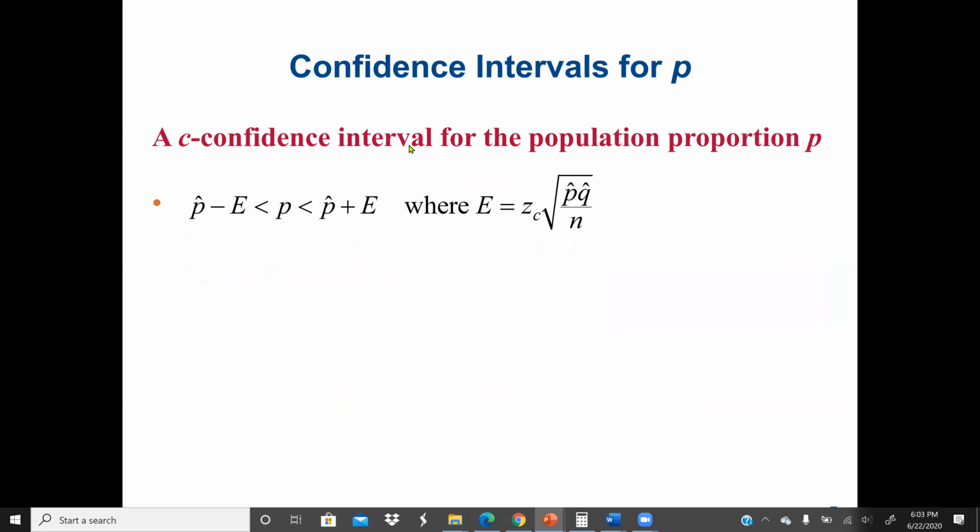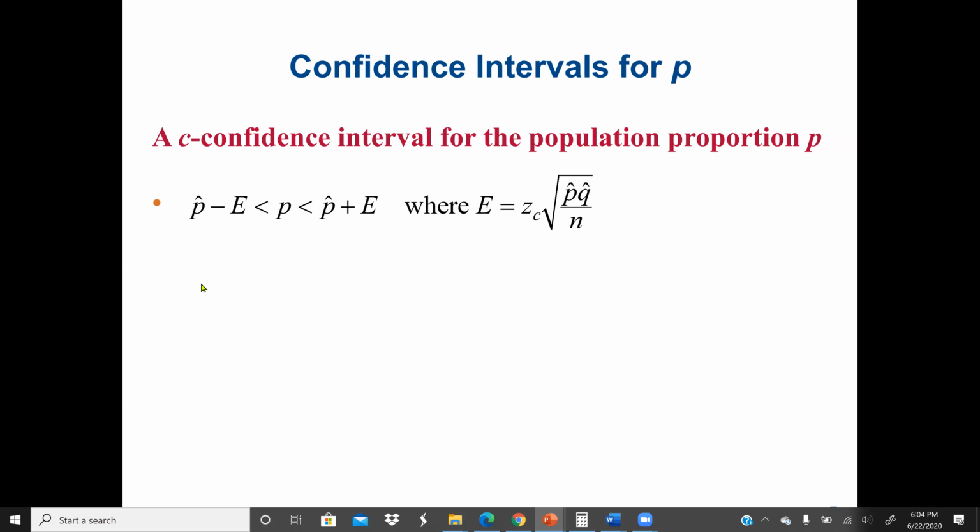So next we'll move to the confidence interval for p, again the proportion. We know the c-confidence interval for the population proportion p will be p hat minus E to p hat plus E. E is again the same concept of margin of error. So E equals z sub c times the square root of p hat times q hat divided by n. We can see a slight formula difference here.